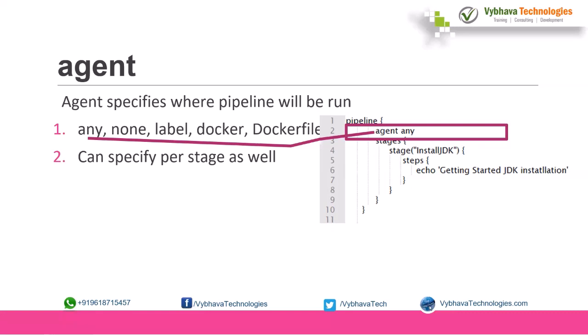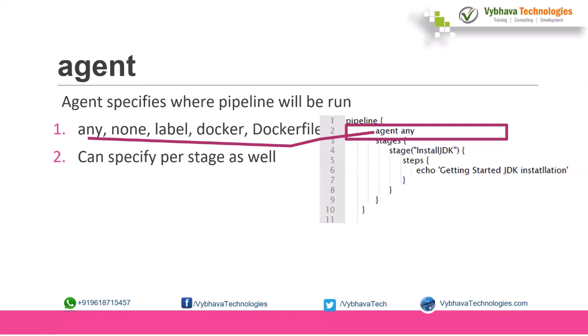Anything you can specify. So you can use a node with the label, or you can also mention you don't want to use any node for one particular pipeline to execute. That also works. So any, none, or label.